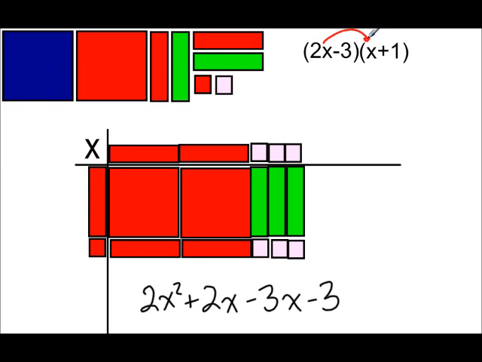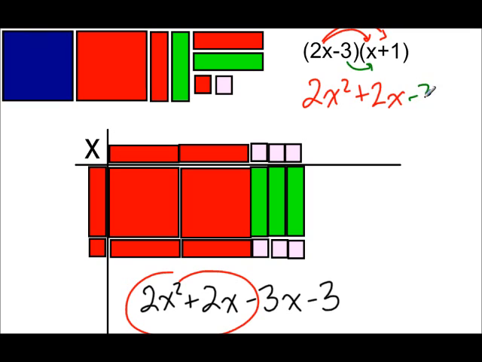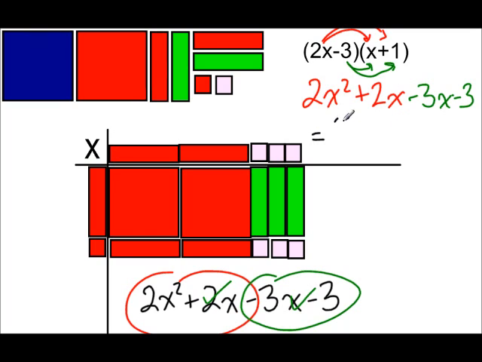So 2x times x, 2x squared. 2x times 1 is plus 2x. So there's that part. Then we have negative 3x minus 3. So there's that part. Okay? So you see how it's all really the same? And then we have to collect like terms. So 2x squared plus 2 minus 3 is negative 1x, and then minus 3. So that's the answer.